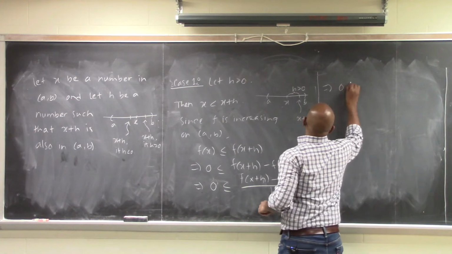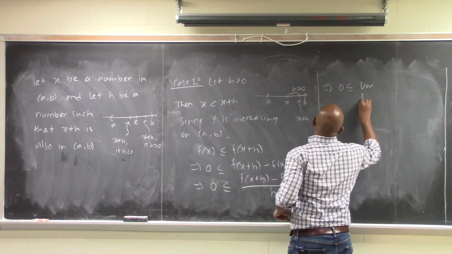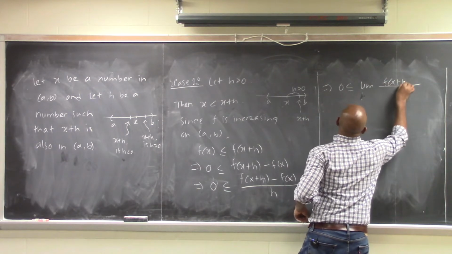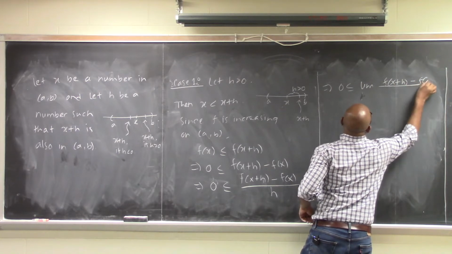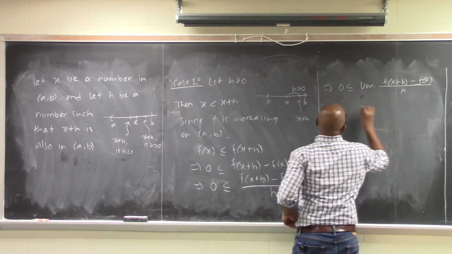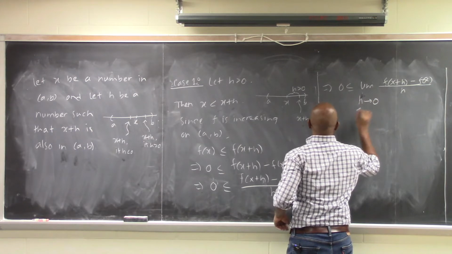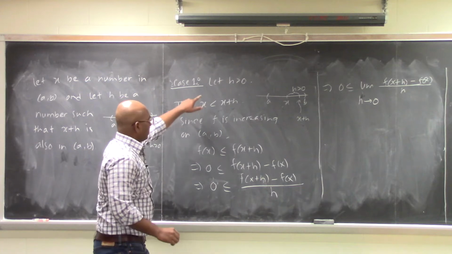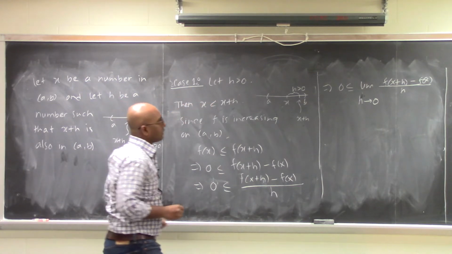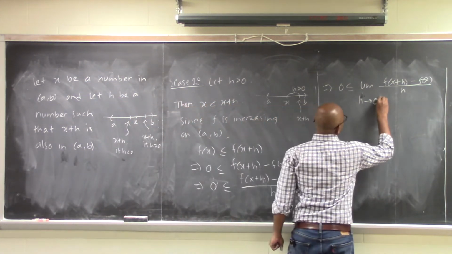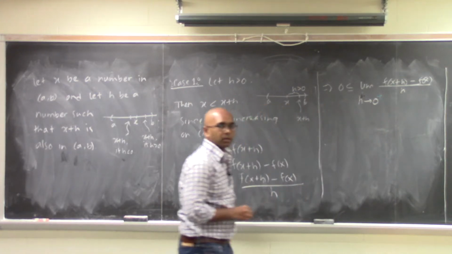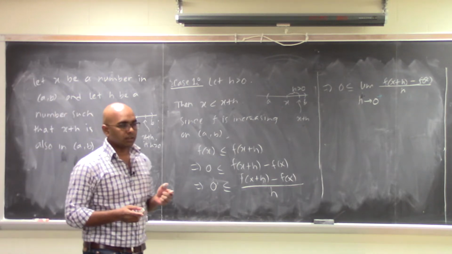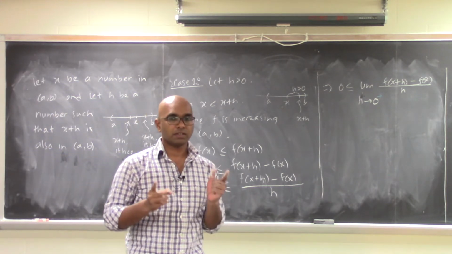So this is 0 less or equal to the limit of the difference quotient, f of x plus h minus f of x over h as h approaches 0. But we need to be careful. Our h is positive, right? So in this case, h is approaching 0 from the right side.